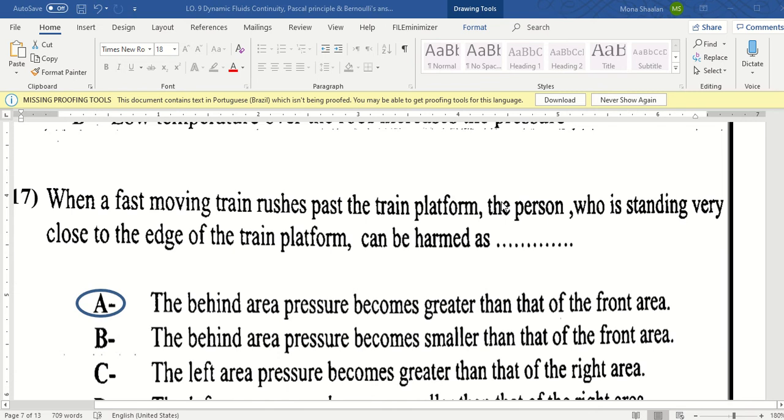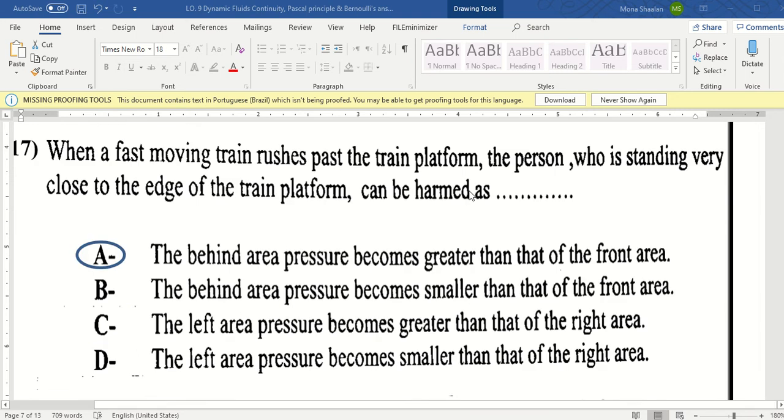When a fast moving train rushes past the train platform, a person standing very close to the edge of the platform can be harmed. Since the train is fast moving, there is an increase in the speed in the front area compared to the behind area. So there is a pressure difference, as the region of larger speed will have a smaller pressure.